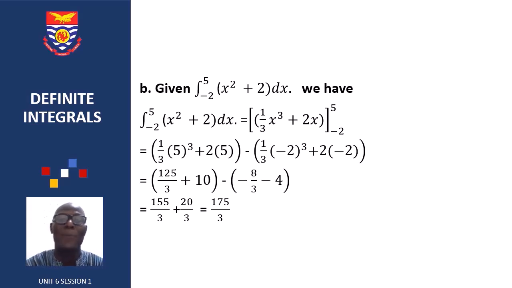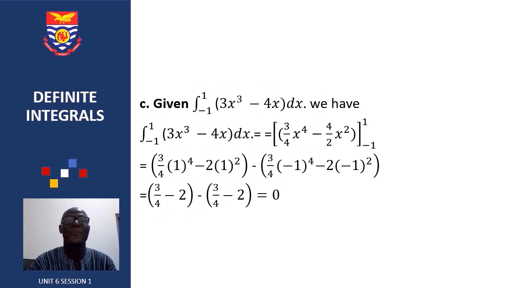So when we put in the upper limit 5, then 5 exponent 3 becomes 125, divided by 3, plus 2 times 5, which is 10. Then minus negative 2 exponent 3 is negative 8, multiplying 1 over 3 gives negative 8 over 3. Then 2 multiplying negative 2 is negative 4. Now this is simplified to give us 175 over 3.